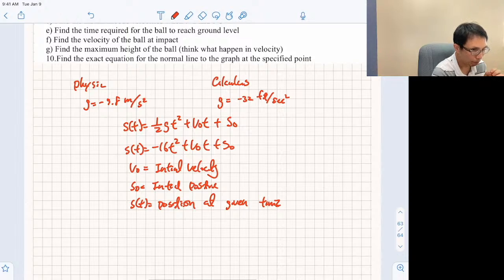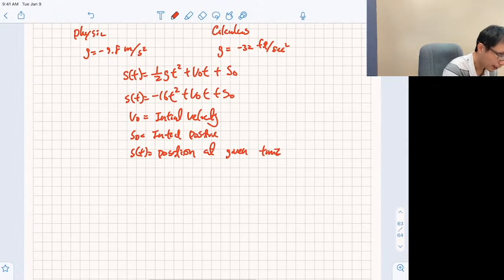Now, also, let's talk about velocity. After we finish talking about position, the next thing we're going to talk about is velocity. How do we get from position to velocity? Take a derivative, right? So if I take the rate of change, then that becomes v of t. But in this case, this v of t is actually instantaneous.